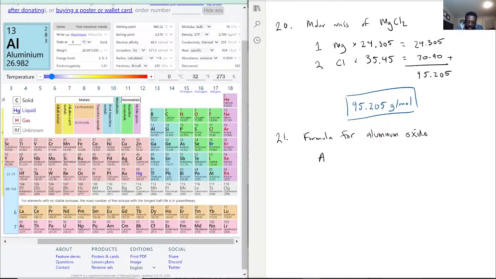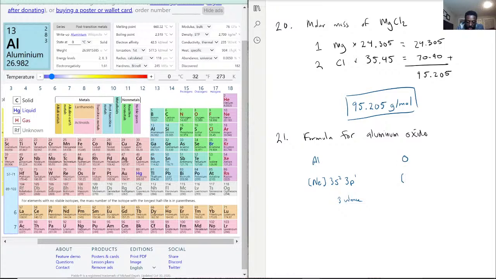So aluminum is going to start at neon, and it's the third row, so 3s2 3p1. That's aluminum. In total that's 3 valence. Okay, oxygen. Oh, whoops, that's not correct.